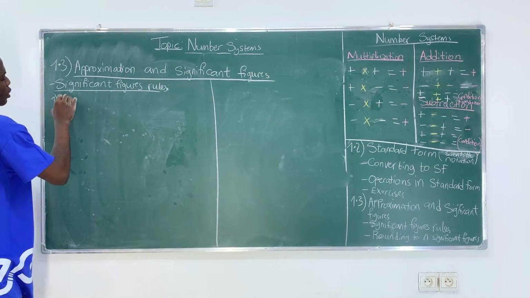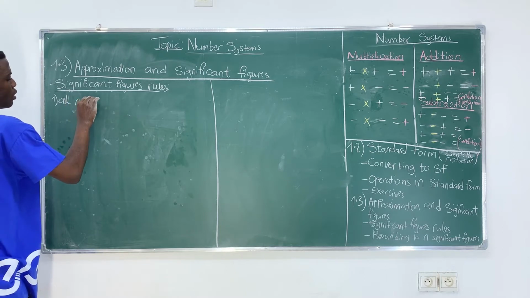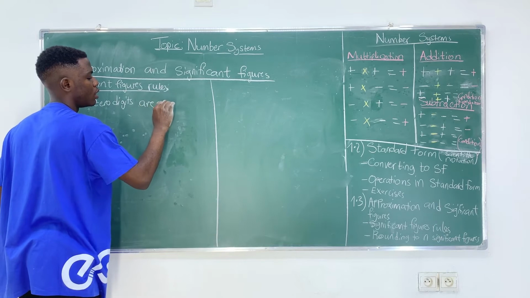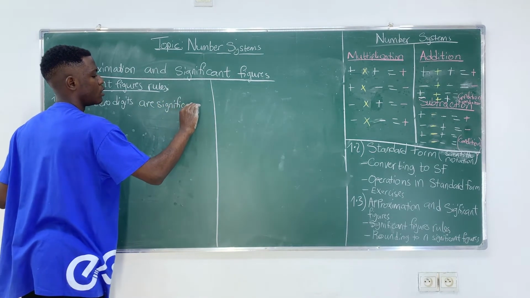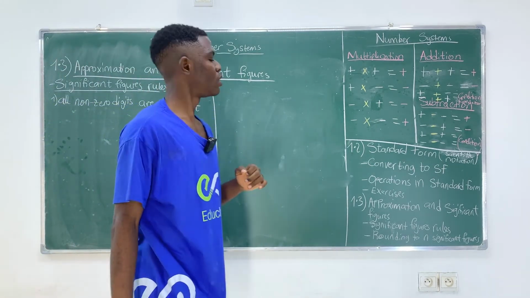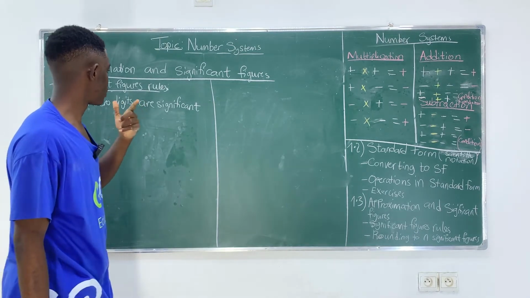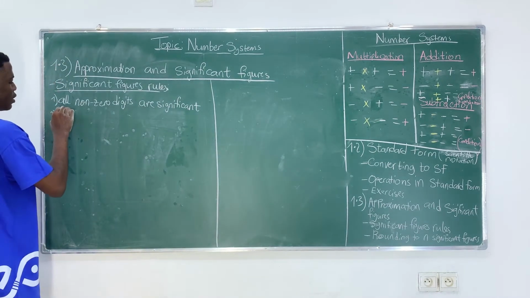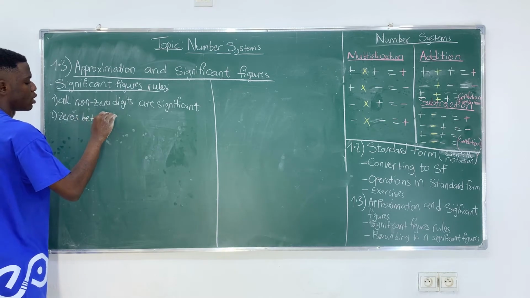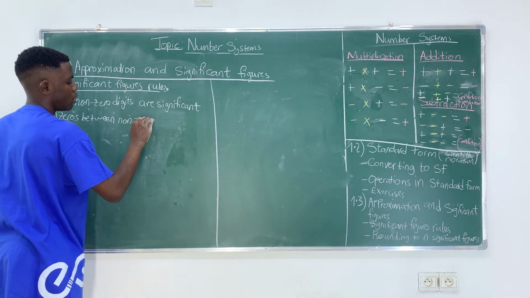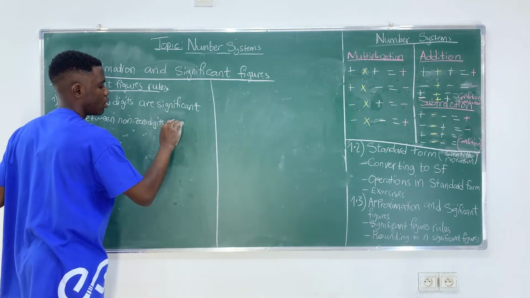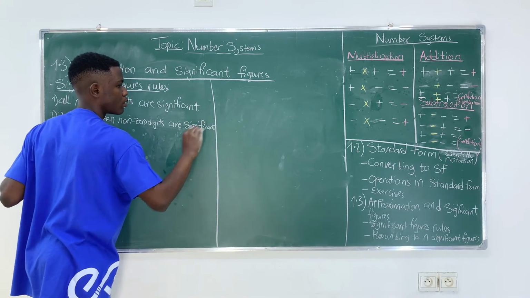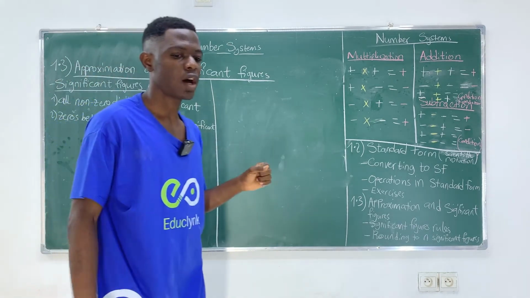So firstly, all non-zero digits are significant. Second, zeros between non-zero digits are significant.